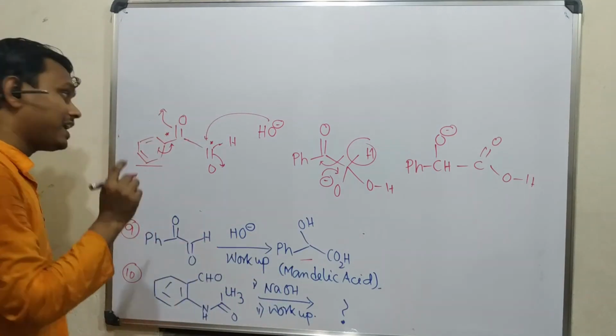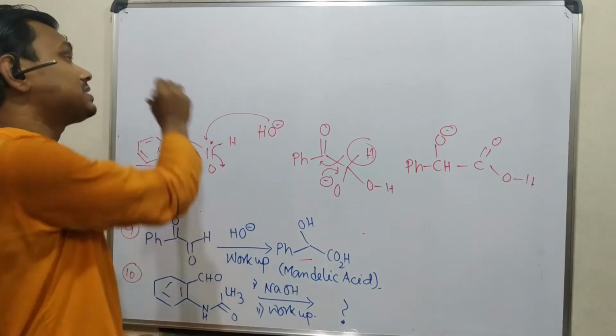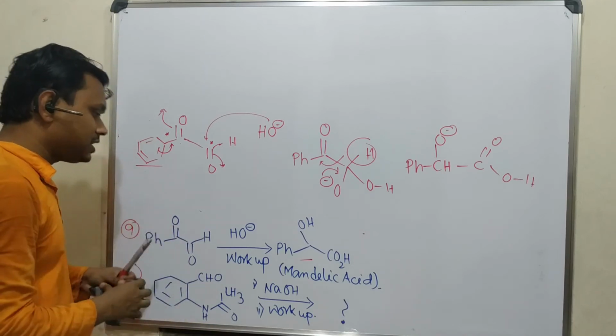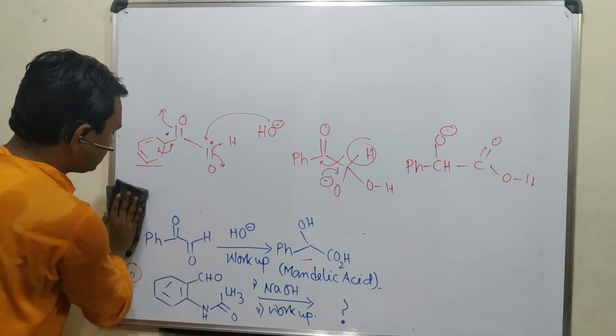So keep it in mind, this is conceptually important because you have to decide which center will attack. Previously you could do it blindly, but right now not. So please keep this example in mind so that you don't end up making this mistake.